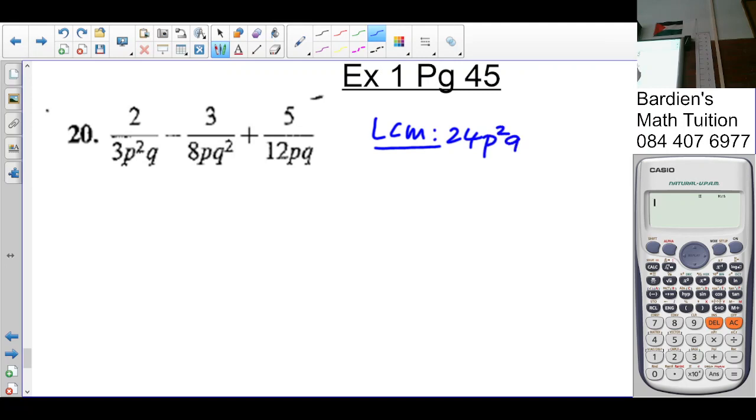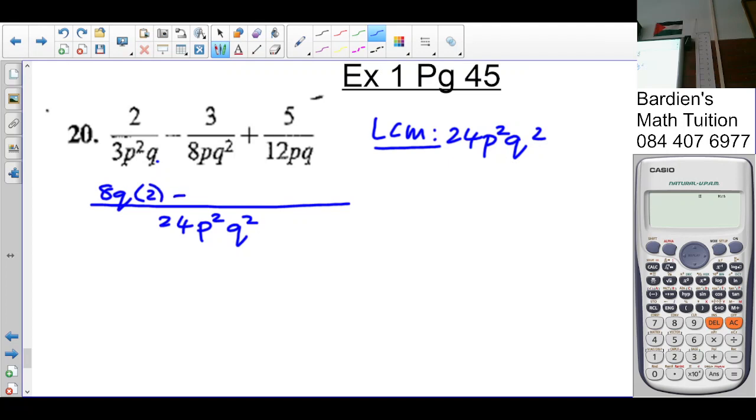Q squared. Right. So, 3P squared Q times what is 24 P squared Q squared? 8Q, yes. So it's going to be 8Q times 2 minus.